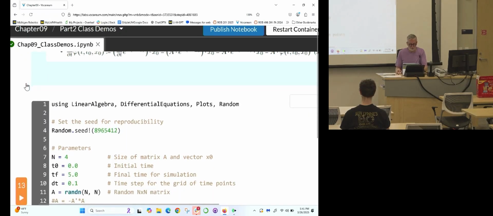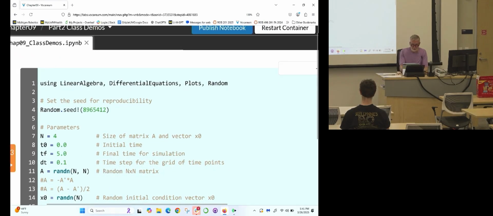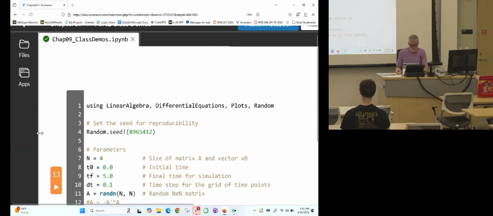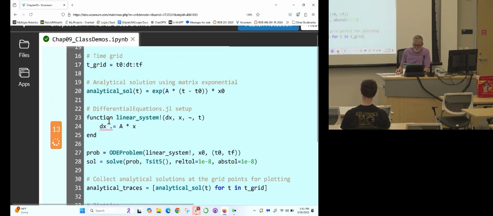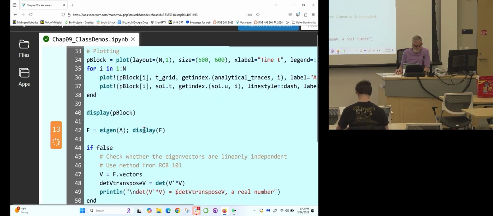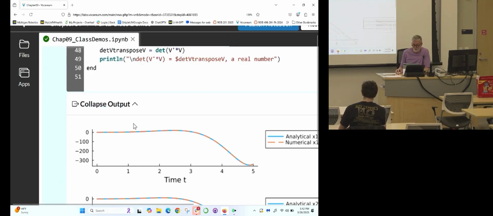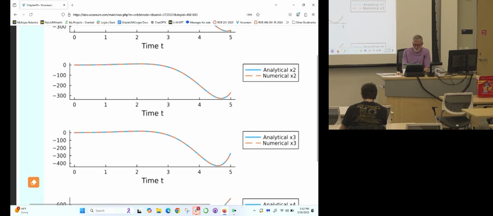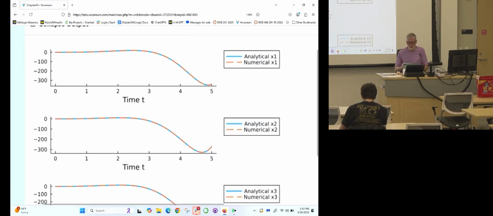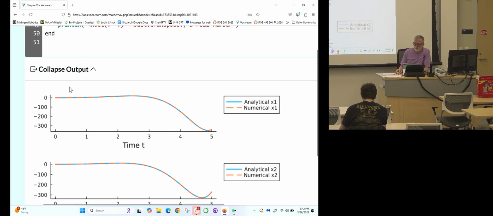And here what I'm going to do is just compare the analytical solution to the differential equation solver. So I've got my linear system, and then I'm just doing the Julia exp of At for discrete t's.